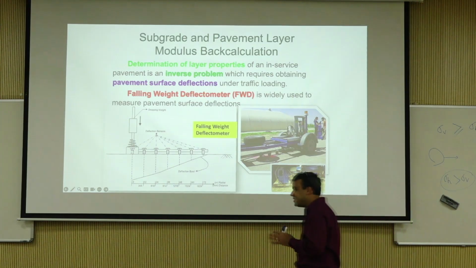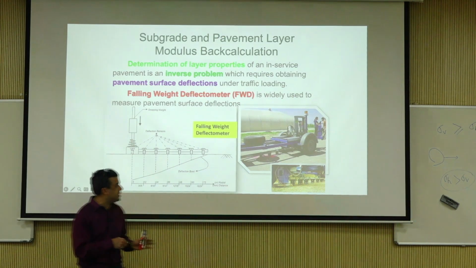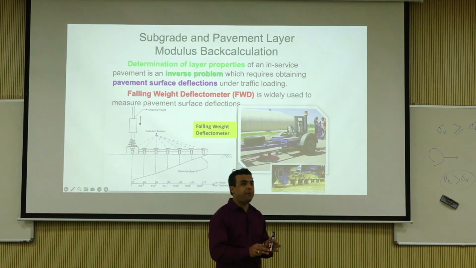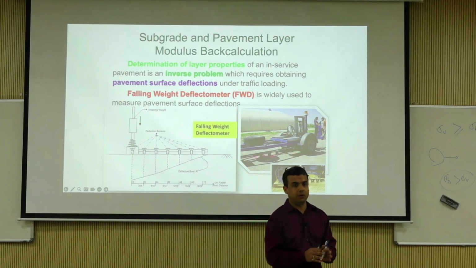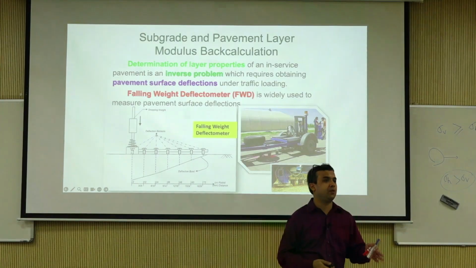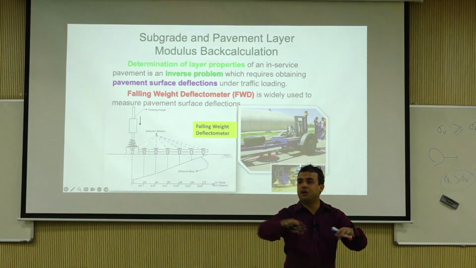So, what is a falling weight deflectometer? A falling weight deflectometer is basically a hammer that you drop on the soil, on the road, or if you have a very well prepared construction platform, you can test it on there as well. And then you measure what happens to the surface around it.